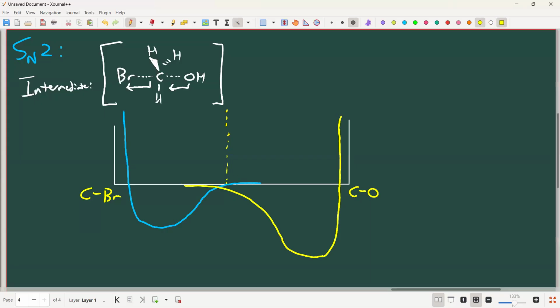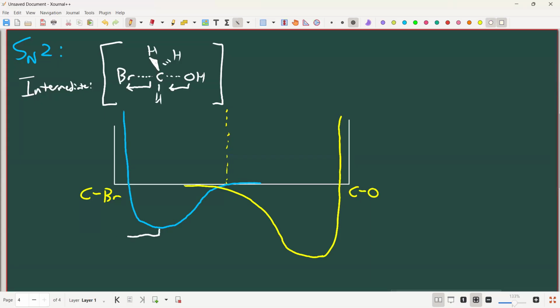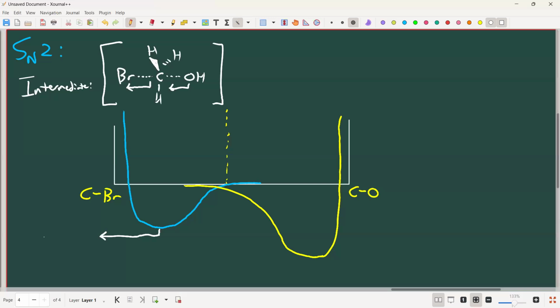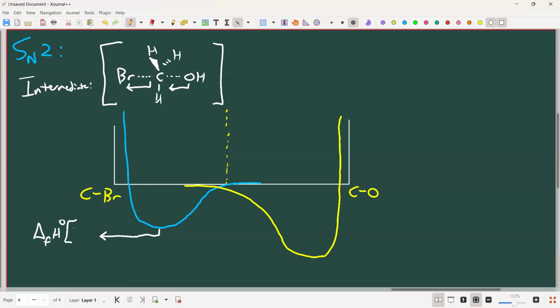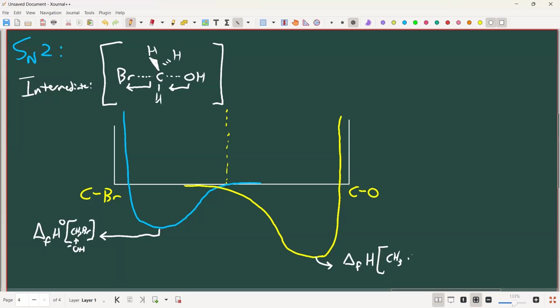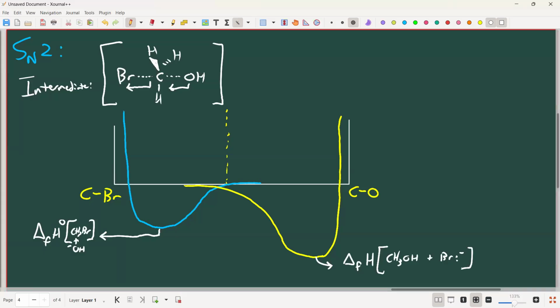There's some energy difference here, because this minimum is the formation enthalpy of CH3Br plus OH minus. And this is the formation enthalpy of CH3OH plus Br minus. Those are our two limits of our reaction, the beginning and the end.